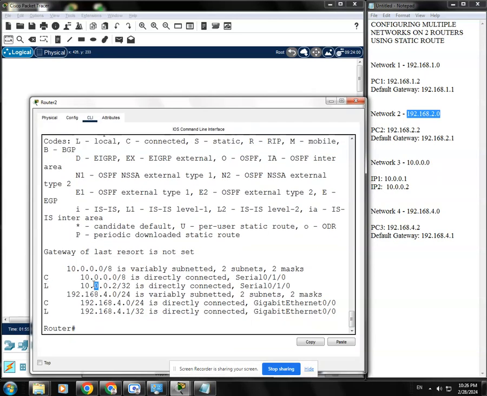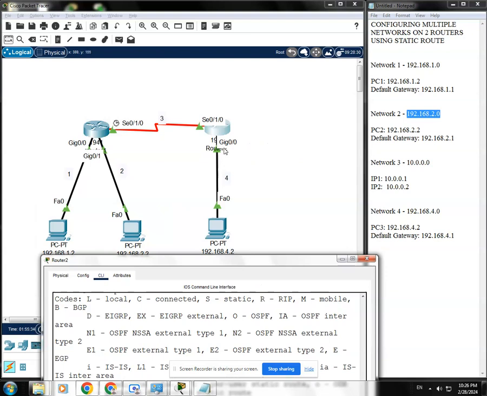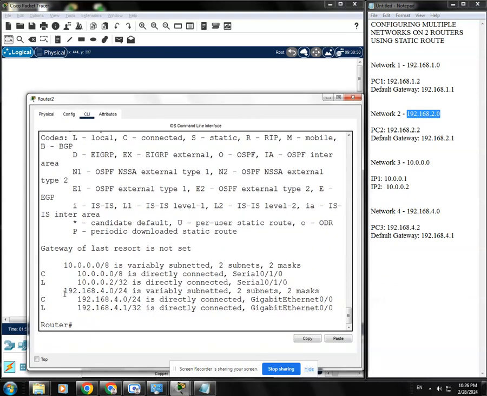The IP address registered on that port is 10.0.0.2/32. Same thing on this port, gigabit 0/0, which is the 4 network. This is the network that it can see, and this is the local IP address registered on gigabit 0/0.